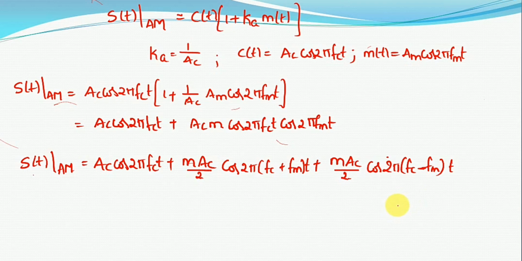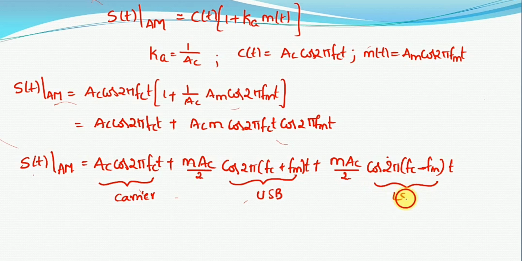So finally the s of t expression consists of the carrier component Ac cos 2 pi fc t, the upper sideband component which is the highest frequency, that is fc plus fm, and the lower sideband component which is the lowest frequency, that is fc minus fm.